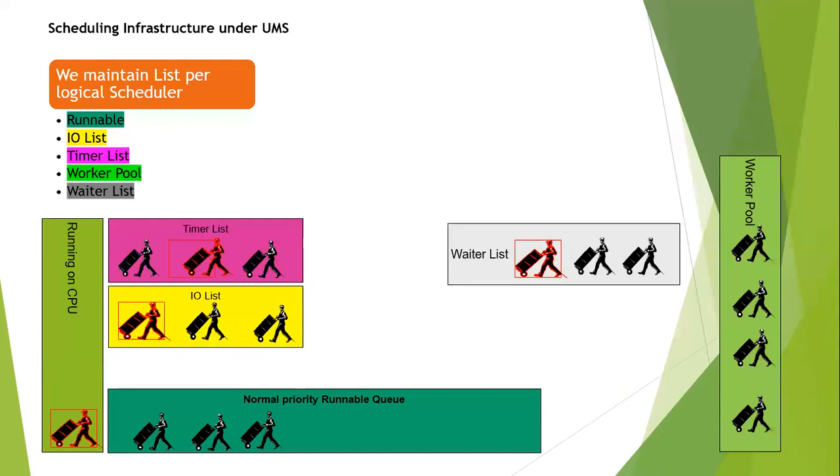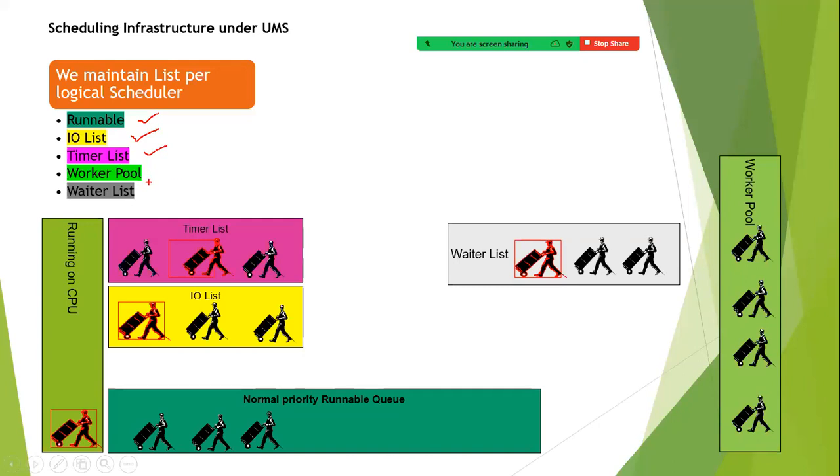Now let's understand the few lists I was talking about. Each scheduler will have these lists: the runnable queue, the IO list, that is your IO pending, like write IO, IO completion, asynchronous IO or backup IO. The thread will be in the IO list. Then the timer list, which is what we were talking about: the checkpoint thread, lazy writer thread, scheduler monitor thread, or resource monitor thread.